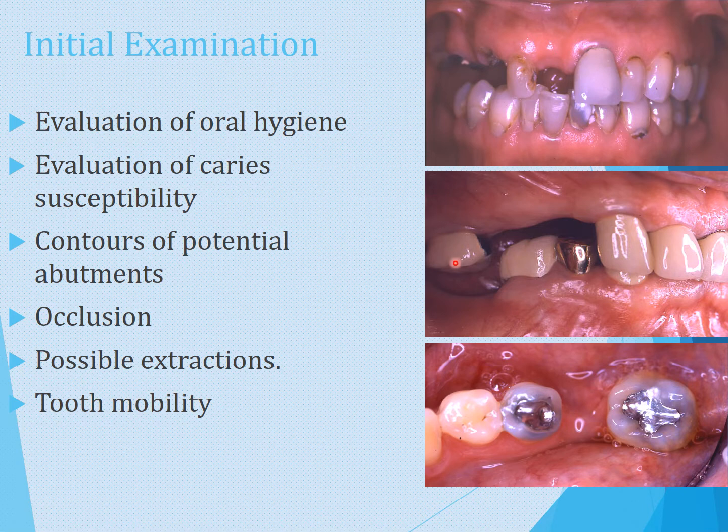So you have to know the occlusion. Is it a deep bite? Is it an open bite? Is it class 1, class 2, class 3? Okay, possible extractions if there's something mobile, something carious. Okay, and then if there is any mobility, or if any extractions are required, or if any extraction socket is present, or if there is any root stump present.